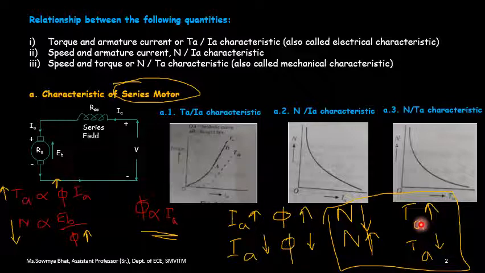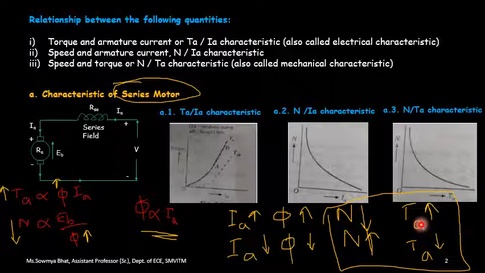One main conclusion we can draw from this is that whenever you are considering a series motor, it should always be started with some kind of load, which we call a mechanical load. If you start with a load, the value of armature current will be large, which in turn makes the flux large, so the speed will be small.